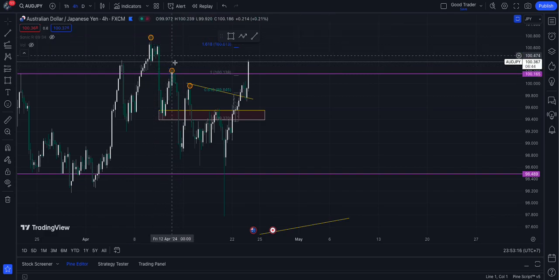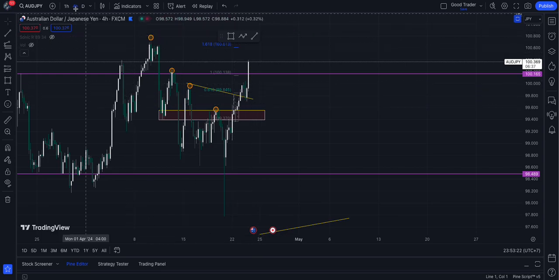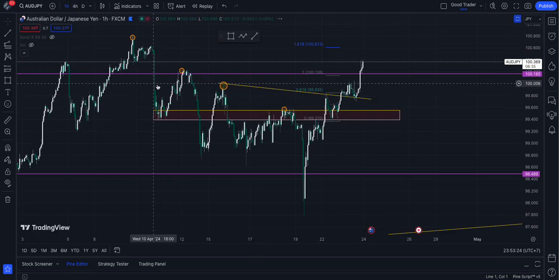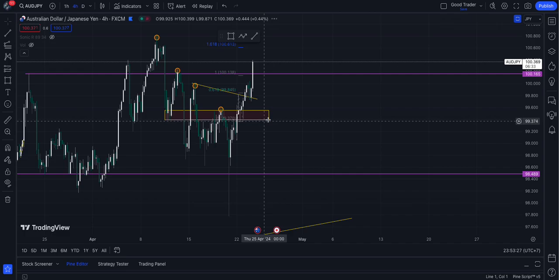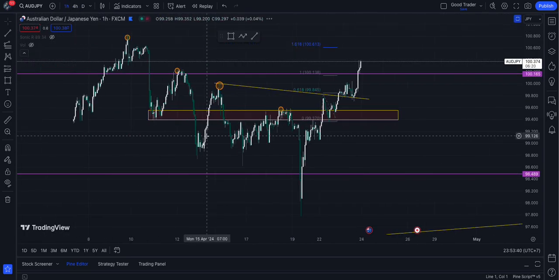So we need to find some indication to know that the price may reverse. On H1, or you can see H4, the price has broken the last high, but it doesn't confirm a new direction.